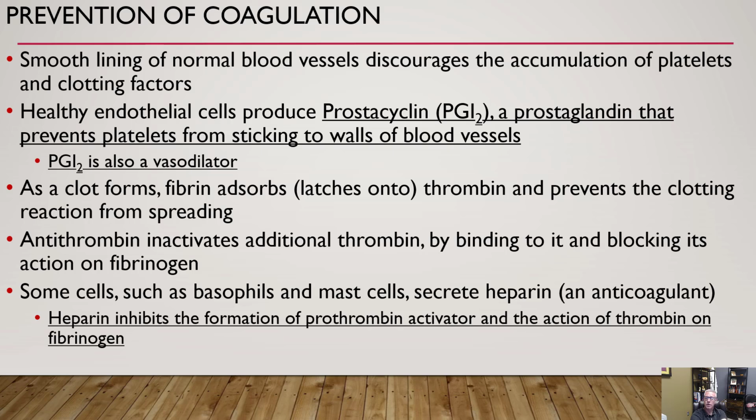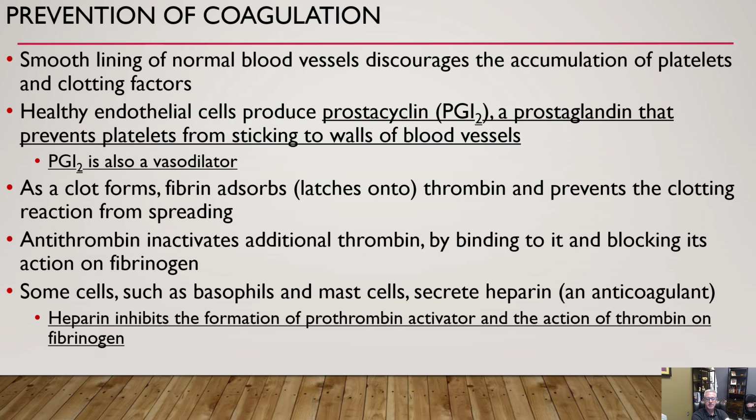We don't have clotting factors that typically will cause our blood to clot, because we have these healthy endothelial cells that produce this prostacyclin called PGI2. And it's a prostaglandin that basically prevents these platelets from becoming sticky and sticking to the inner walls of the blood vessels. And PGI2, it's also a vasodilator to help keep those capillary beds open.